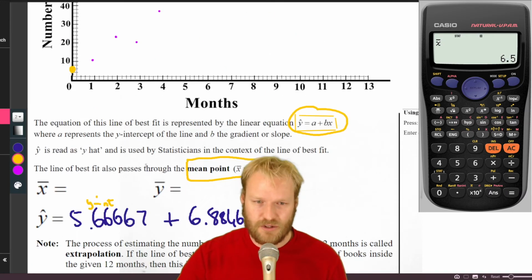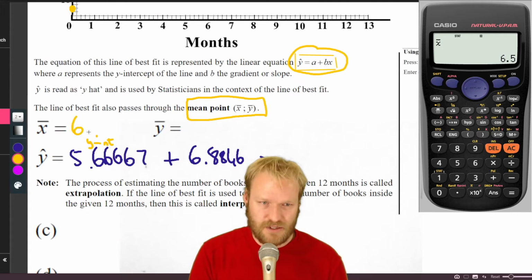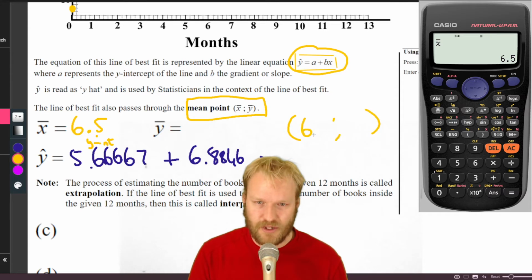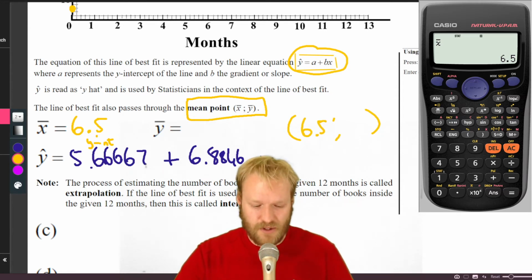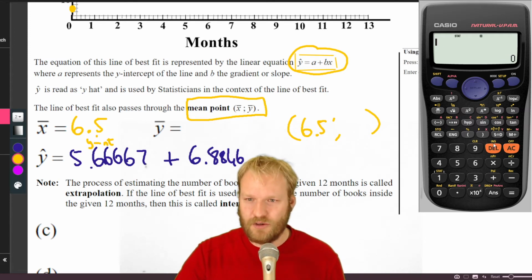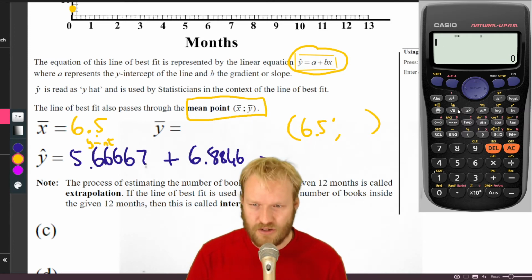So in other words, this is 6.5, which means that this graph is going to go through the point 6.5 as an x value. And our y value, go back here and we can check out shift 1. We're going to see these variables, and we're going to see y bar, so 5 here.